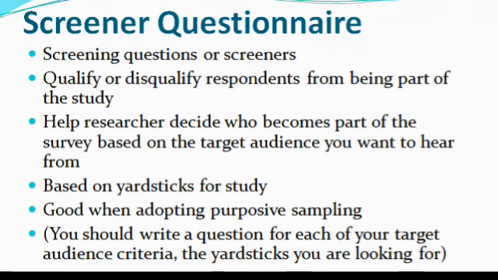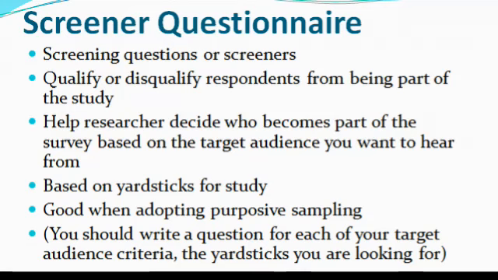So the screener questionnaire is used to qualify or disqualify respondents from being part of your study. For example, you want to study only light users of the internet, or you want to study those who have been exposed to a particular message on maybe coronavirus or maybe a specific advert.